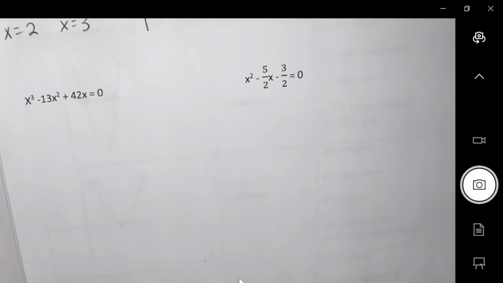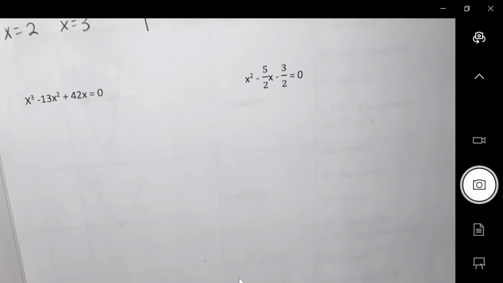Okay, next question. We have multiple variables. We actually have 3 different variables. We have an x cubed, x squared, and an x. So I have a 0. That's good. So now I'm going through my checklist. Do I see a factoring style that I know?